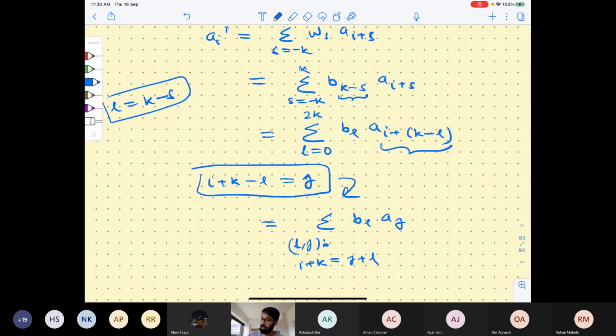So again, of course, the indices should only go for what they are defined for. You should not go for all L and J. So L goes from, of course, 0 to 2k, and J goes from whatever the A's indices are. So if A was, let's say, N minus k plus 1, something like that.